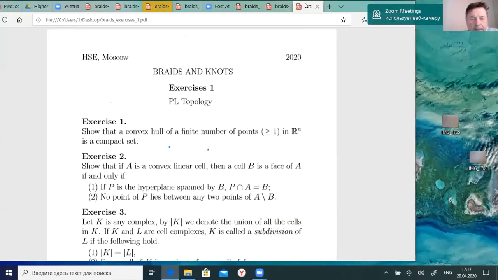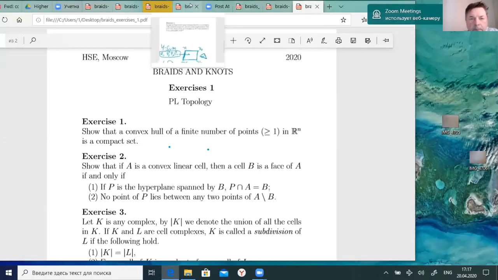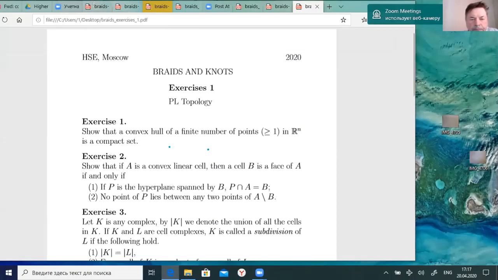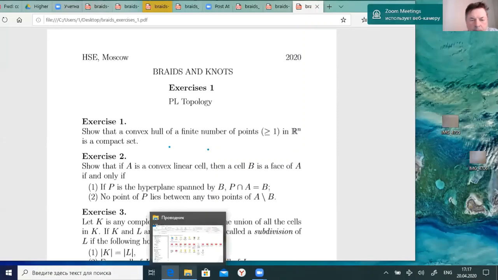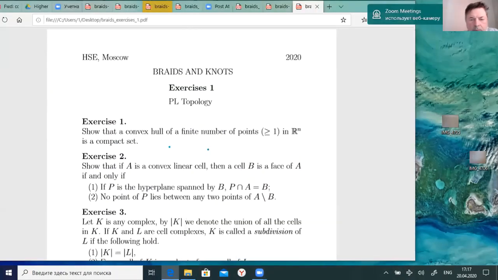So again, B is a face, and we want to show the two points 1 and 2. Here again, B can be a system of equations, and we also have that B is included into A, right? Yes.